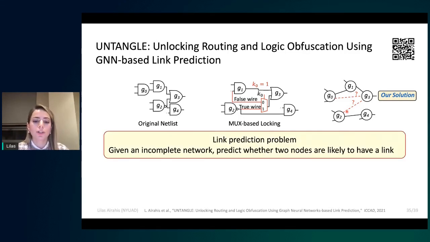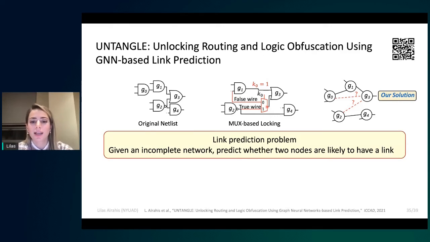The link prediction problem means, given an incomplete network, which for us means all the gates outside these MUXes and all the connections among them, predicting whether two nodes are likely to have a link or not. The two nodes for us will be the gate that connects its output to the input of the MUX and the gate that is connected to the output of the MUX. So we need to figure out if these are likely to have a link or not.